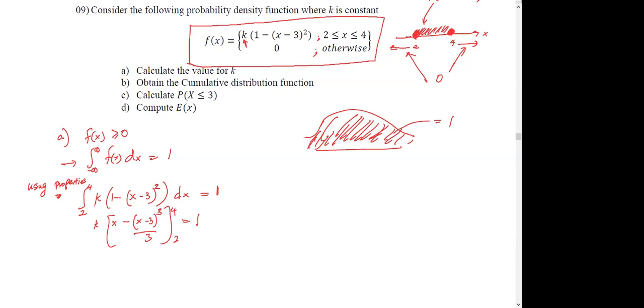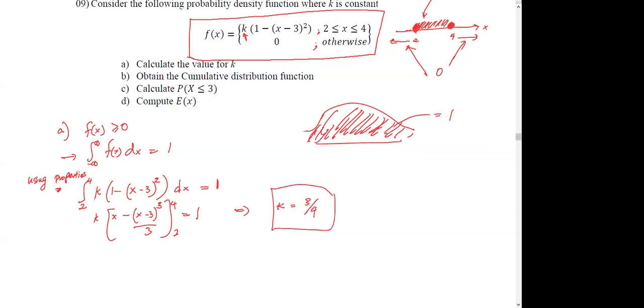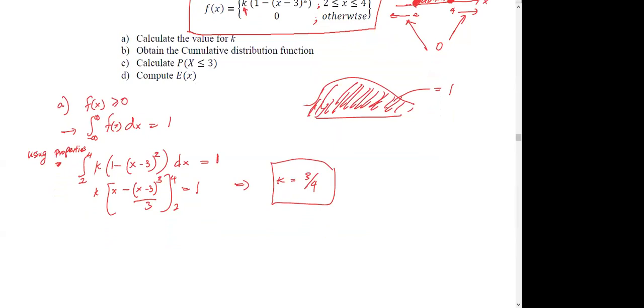Anyway, k is a constant value. So isolate k by cross multiplication. First plug in the limits, upper bound and lower bound, and simplify. You will get k equals 3 over 4. That is the answer, you need to find the k.